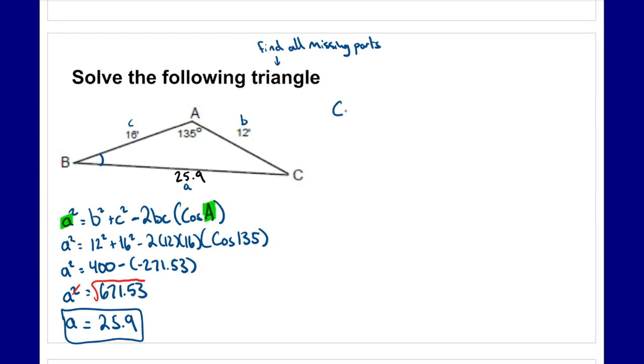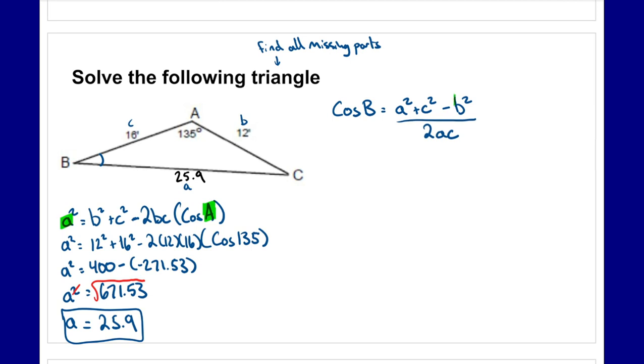So we're going to do cosine B is equal to a squared plus c squared minus b squared, all divided by 2ac.